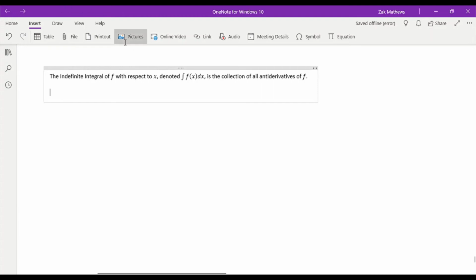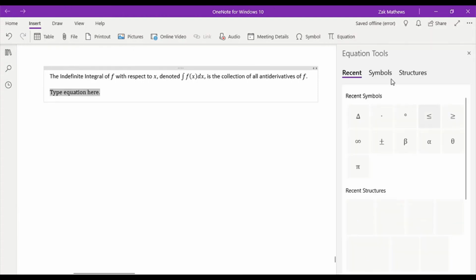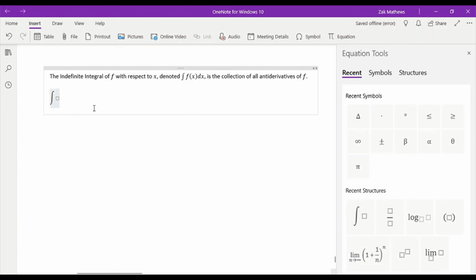Now just to go over a couple terms, we have this symbol right here. This symbol here is called the integral sign. The f within that symbol, the f of x, which is lowercase, is called the integrand.